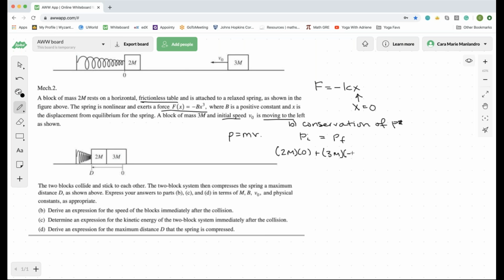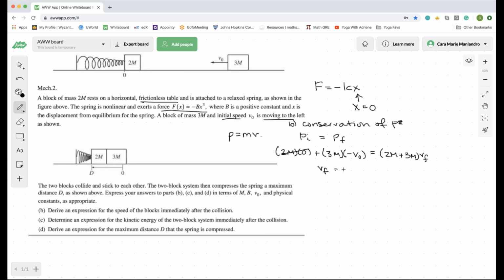I would probably call it negative v naught because it's going to the left. Once they stick together, you have 2m plus 3m and then the final velocity.